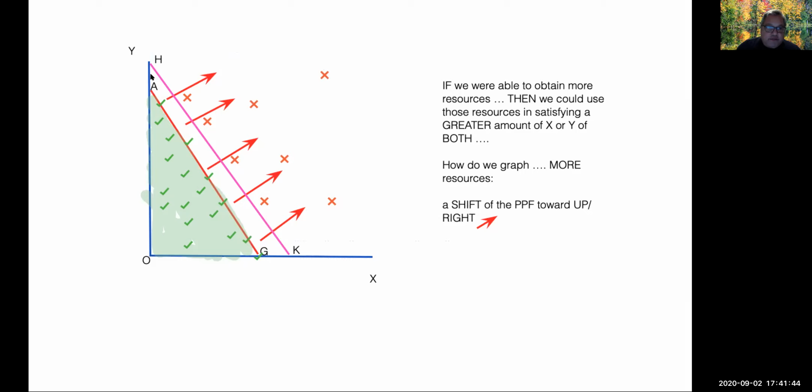So we have greater abundance. So this blue zone is by how much our resources become expanded. So that's what we mean by more resources in blue. So we would end up with a pink and not a red production possibilities frontier, from an initial of red to pink.